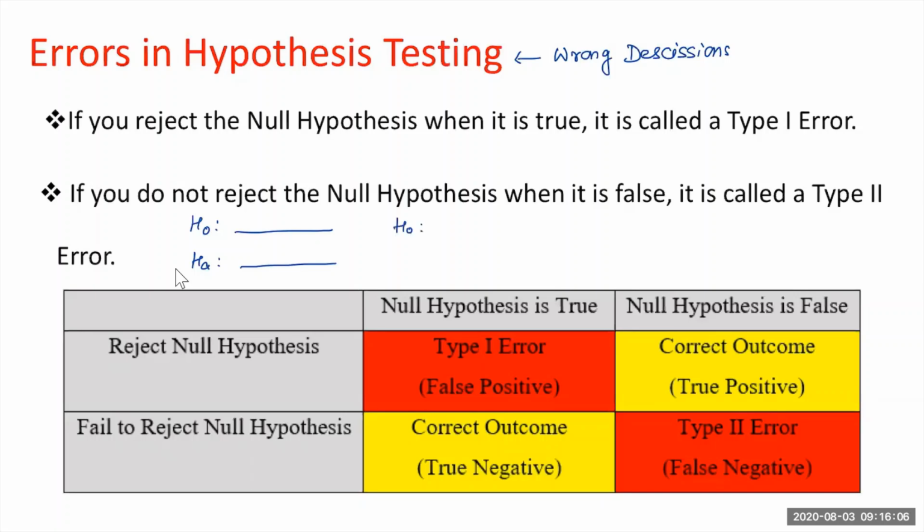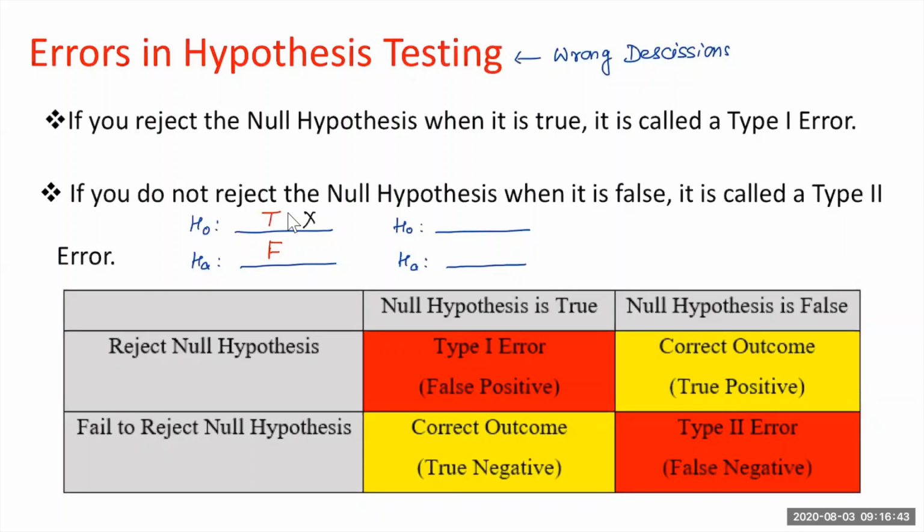Null hypothesis, alternative hypothesis. Now, suppose you reject the null hypothesis, but the null hypothesis was true and the alternative hypothesis was false. You are rejecting the null hypothesis when it was true.